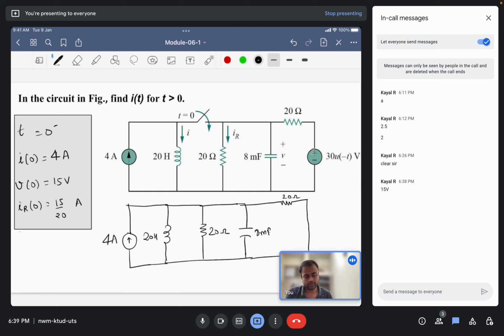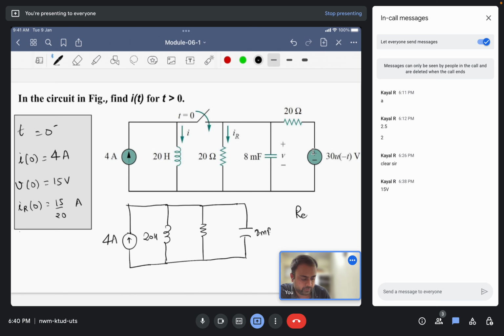Now if you can see the 20 ohm resistor here, this 20 ohm resistor and this 20 ohm resistor are in parallel. So instead of the whole circuit, we can just draw the equivalent resistance.